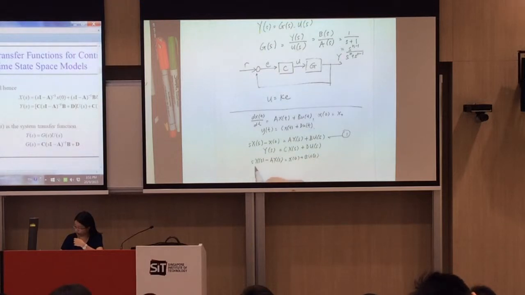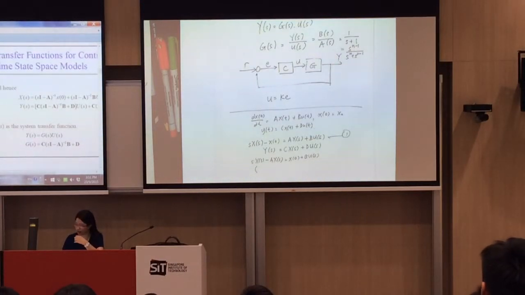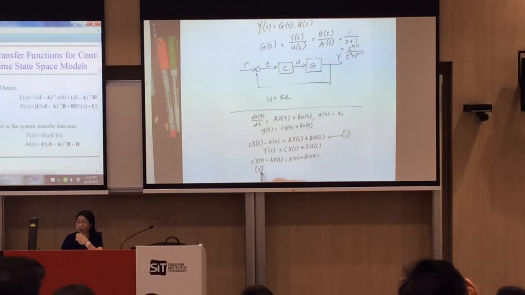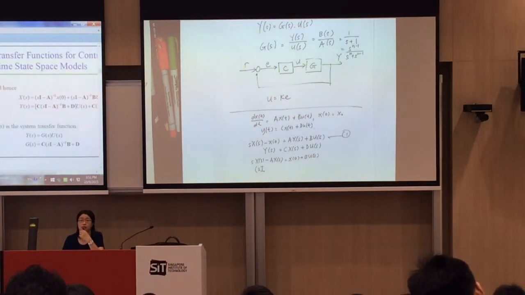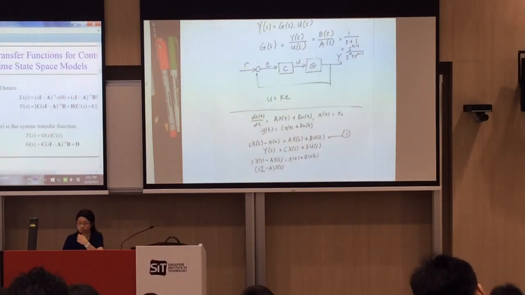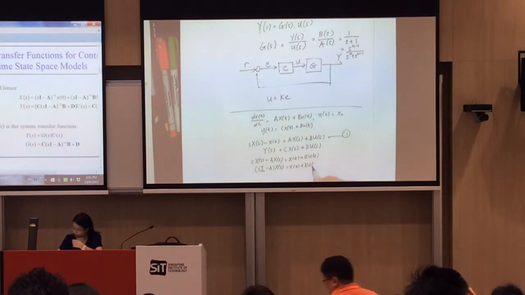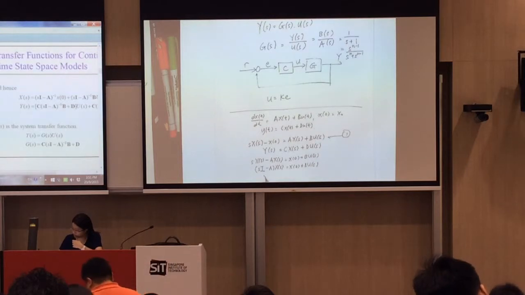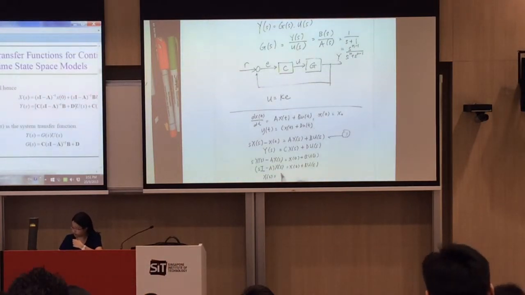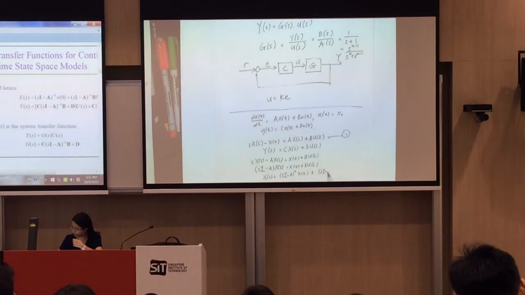Factor out. Don't just look at X as a single variable, it can be multi-variable. So we look at (sI minus A) X(s) equals BU(s), where I is the identity matrix. And what's X(s)? X(s) is the inverse of (sI minus A) times BU(s).